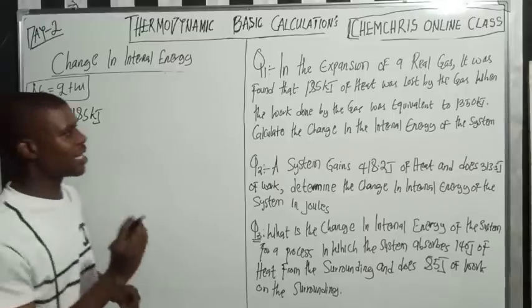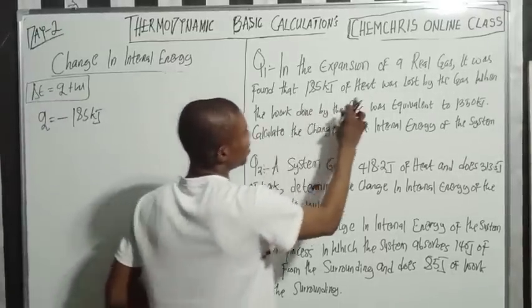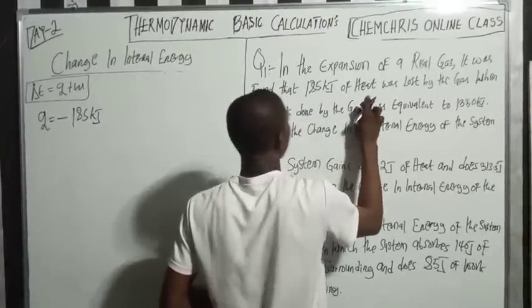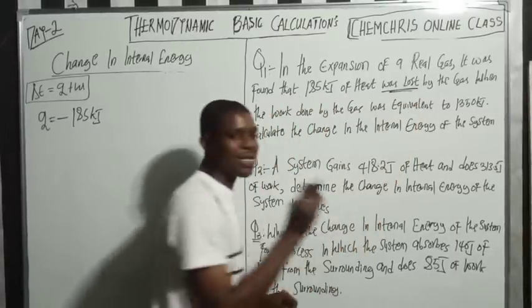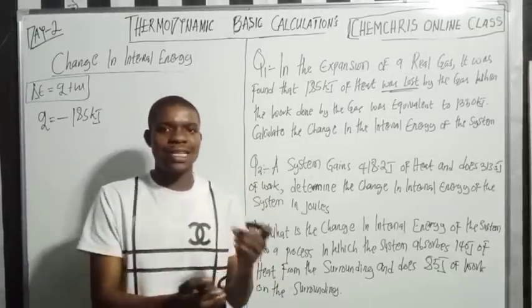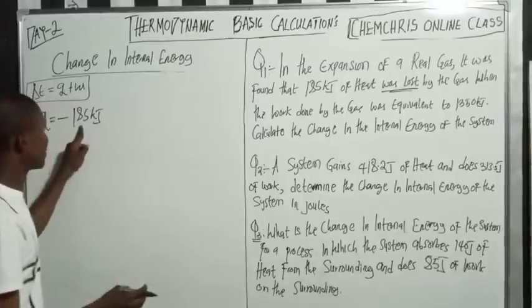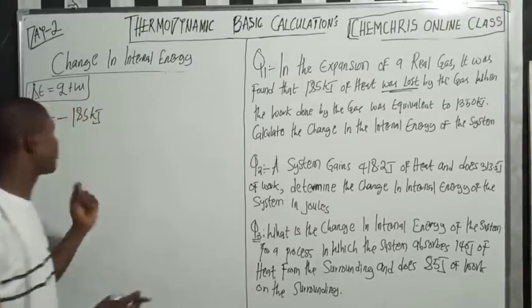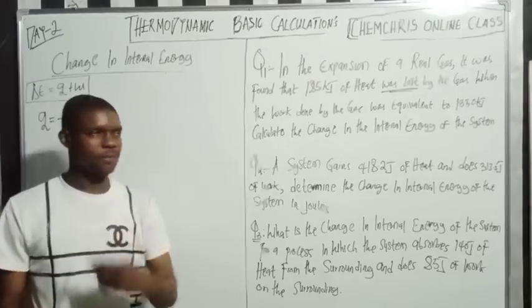Can you see that? It was found that 185 kilojoules of heat was lost. So it's an exothermic reaction, and exothermic is negative. So the quantity of heat here is minus 185 kilojoules. Hope you understand. That is one.